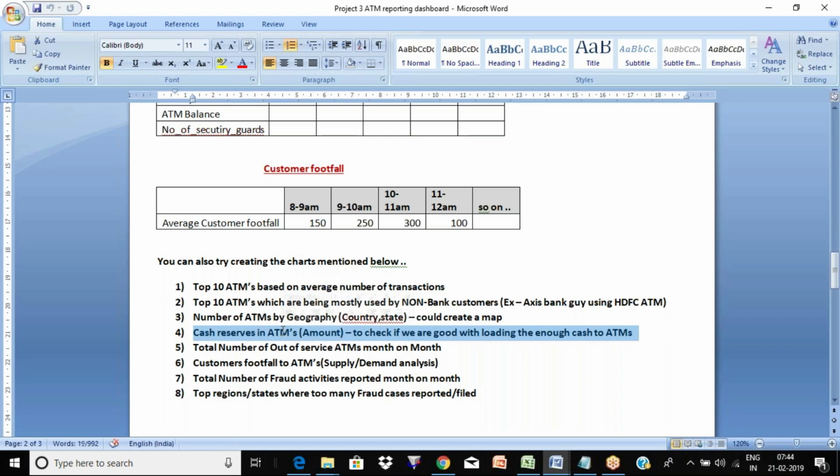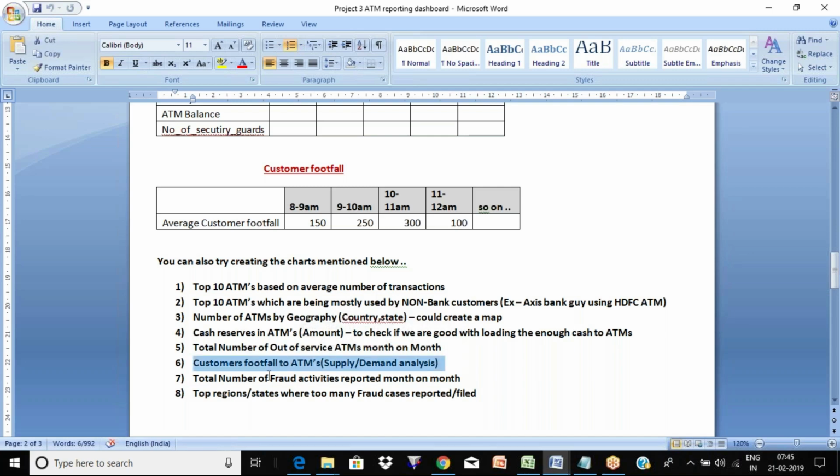Another chart could be cash reserves in ATM to check if you are loading enough cash into the ATMs. So how much cash is loaded onto the ATMs, right? Total number of out of service ATMs. So you can create a map, and on that map by each state and city, you can show out of service ATMs, customer footfall by ATM, supply demand analysis.